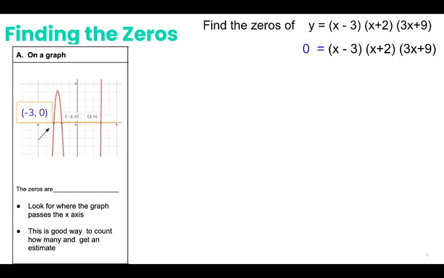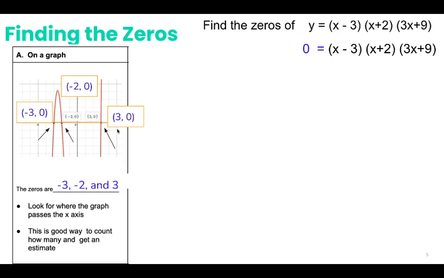One here at (-3, 0), another one here at (-2, 0), and the third one at (3, 0). So when I go to write my zeros, I'm only going to write those x values because the definition of a zero is that y is always going to be equal to 0. I don't need to write that part. So I can say the zeros are -3, -2, and 3. The x values of these points on the x-axis where y equals 0.